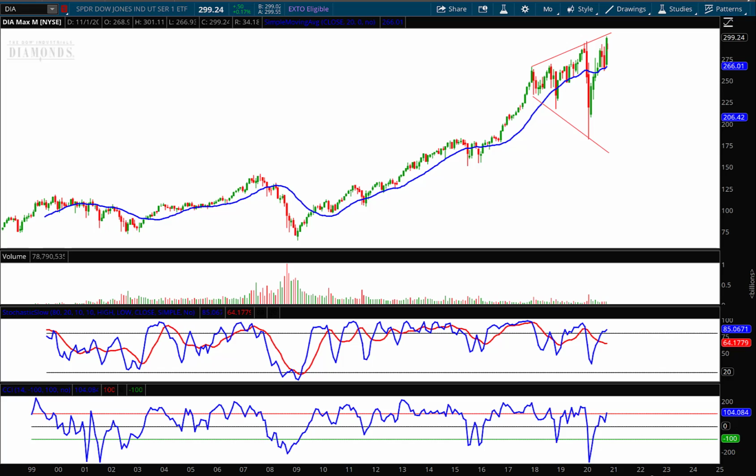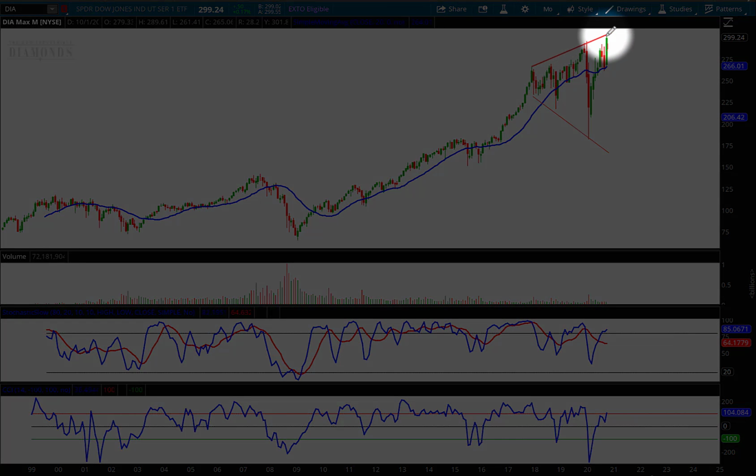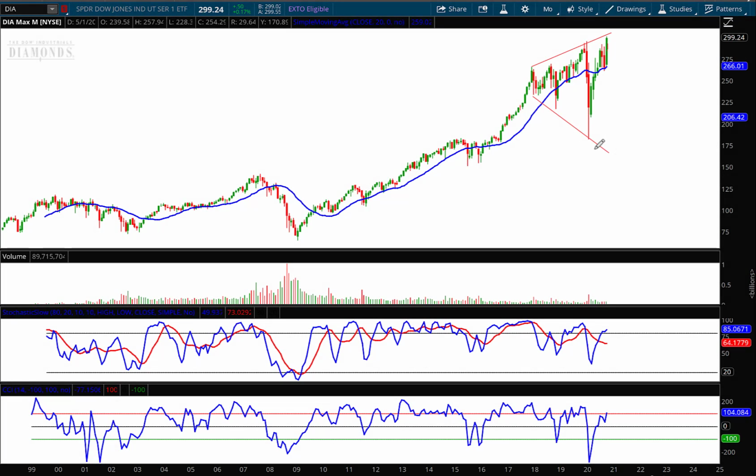Now, again, this is a monthly chart going back 20 years. And you can see that we have higher highs followed by lower lows. That's called a broadening top. Some will also refer to that as a megaphone top. In addition, you can see the stochastics and the CCI down here. You'll see that we have lower highs on the stochastics while we have higher highs on the price action.